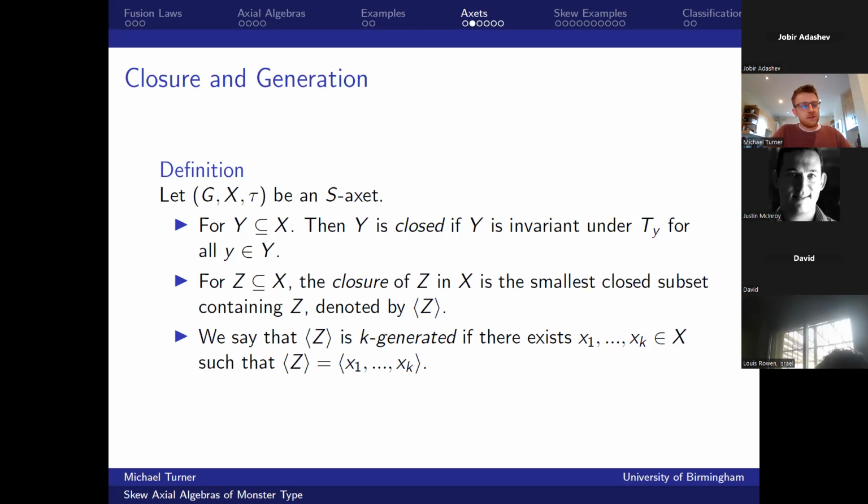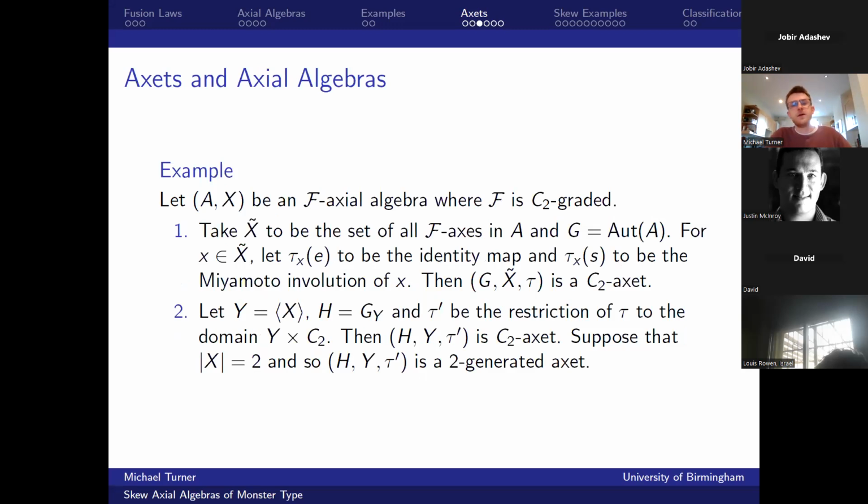So let me tell you how axets and axial algebras coincide with each other. So if we have an axial algebra A with fusion law F, and F is going to be C2 graded, if we take just every F-axis in A and take the group to be the automorphism group of the algebra, then we can define tau_x of e to be the identity map, and tau_x of s to be the Miyamoto involution of x, which I defined a few slides ago.